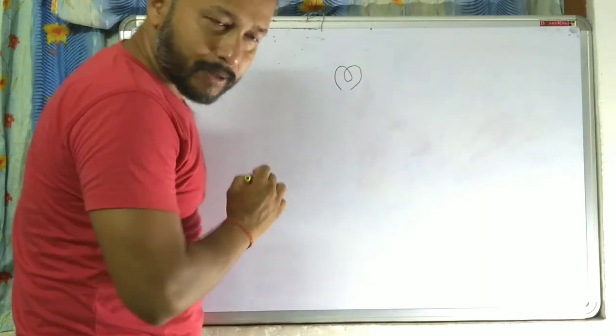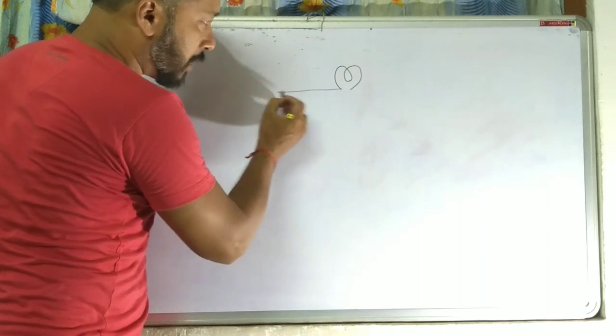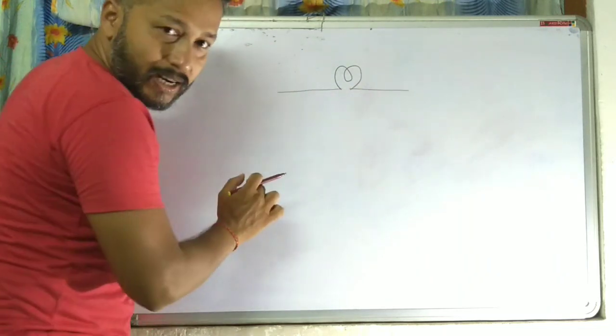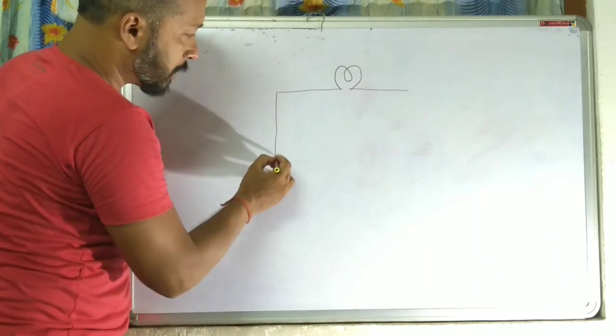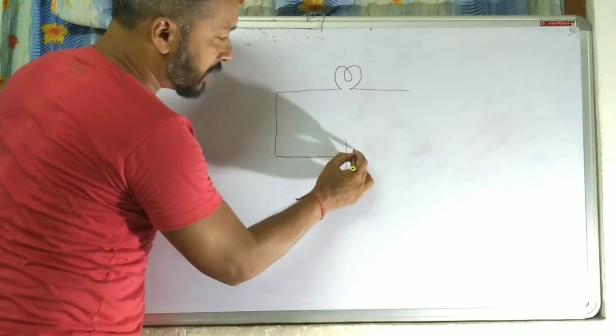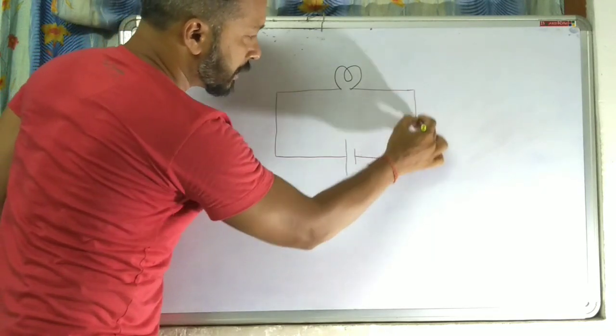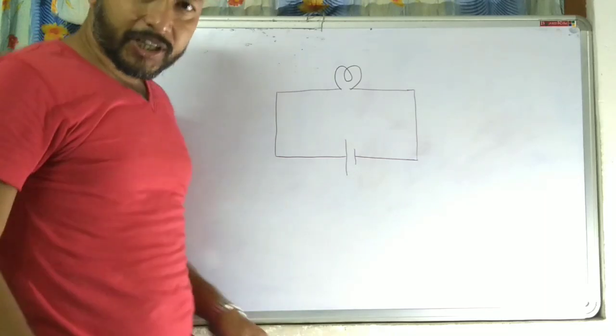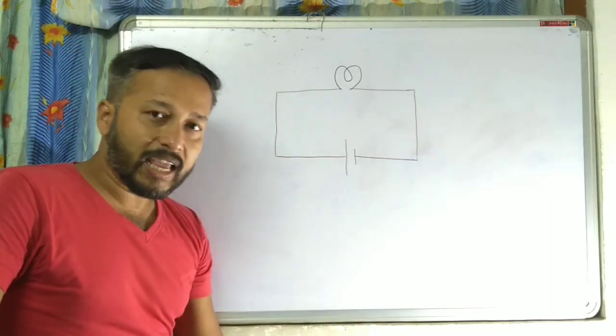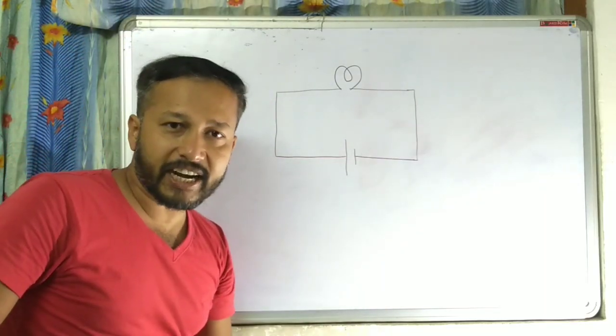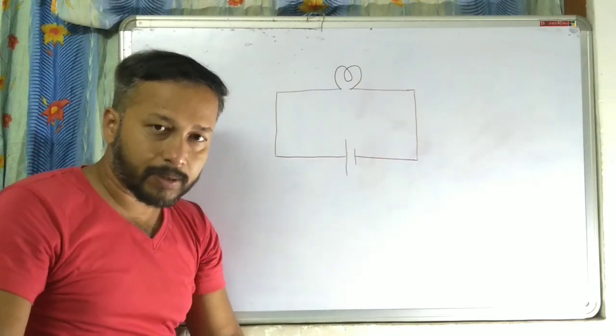This is a bulb. I'm connecting this bulb with wire with a cell. Correct? This is my cell, or my battery, which is connected by wires.